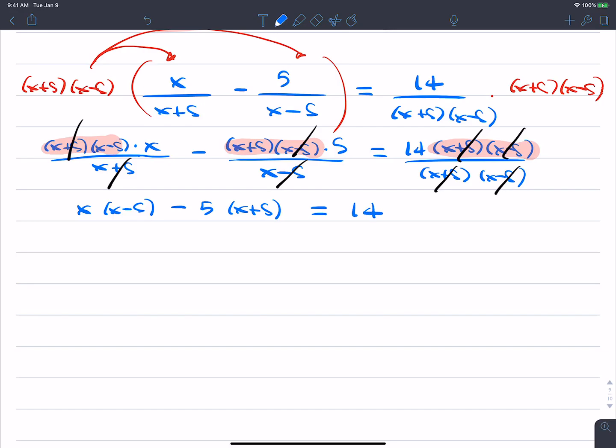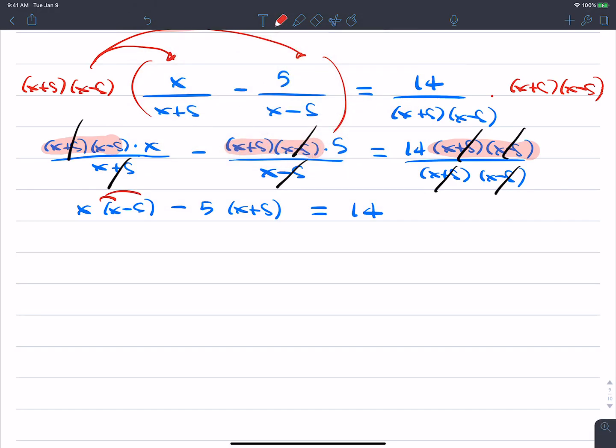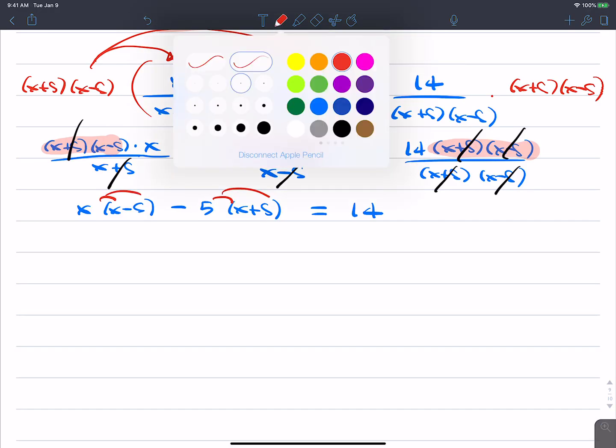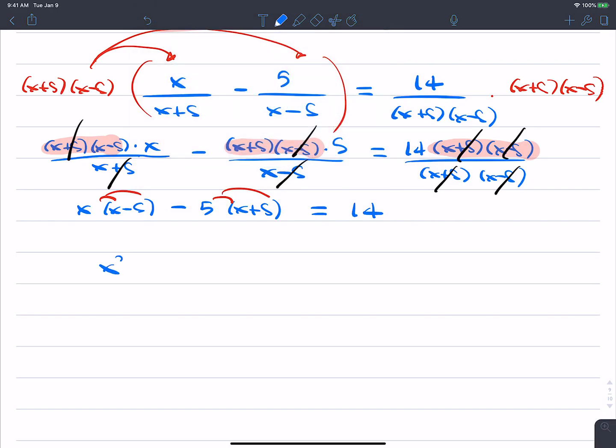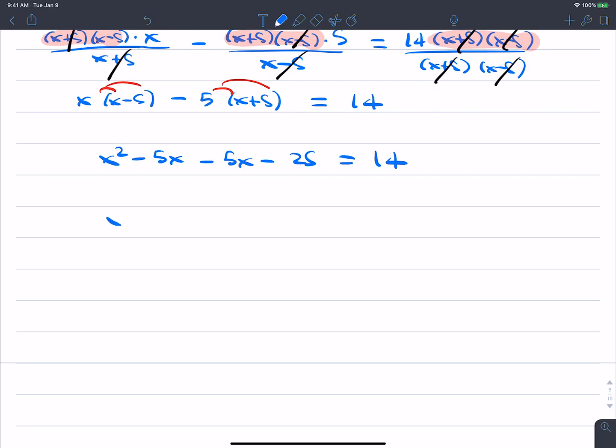14. So if we distribute now, again, both of these cases, you end up now with what? X squared minus 5x minus 5x minus 25 is 14.